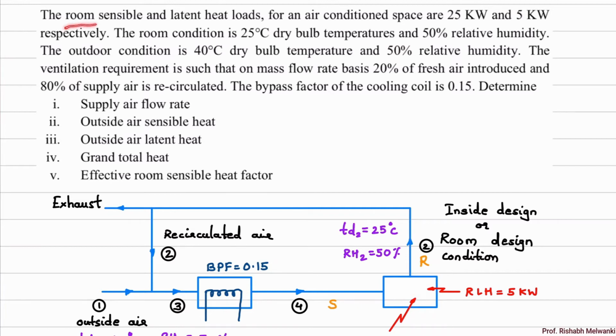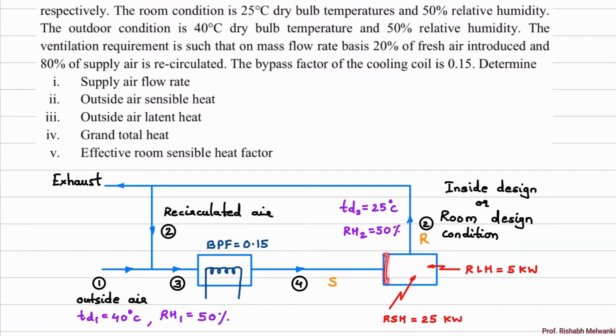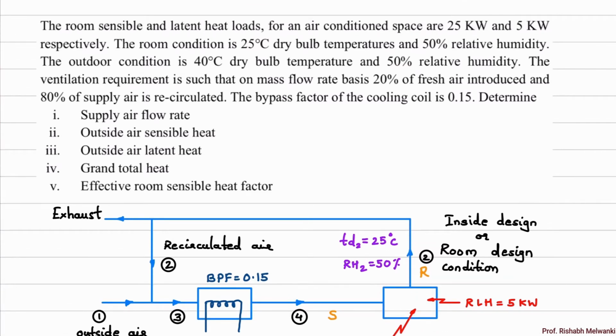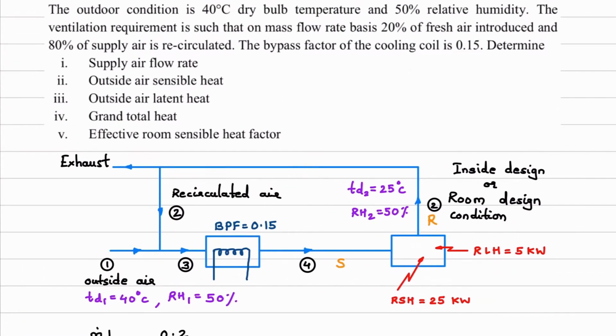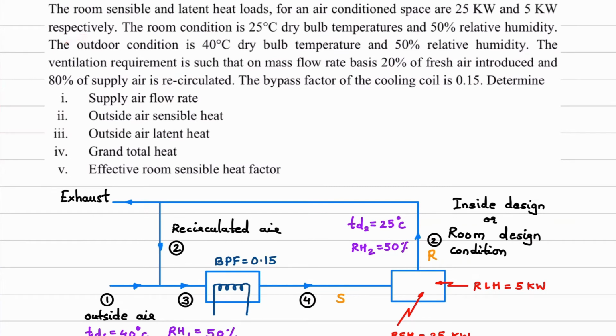The room sensible and latent heat loads for an air conditioned space are 25 kilowatt and 5 kilowatt respectively. So here you can see I have shown a room, and room sensible heat is 25 kilowatt and room latent heat is 5 kilowatt. The room condition is 25 degrees Celsius dry bulb temperature and 50% relative humidity.